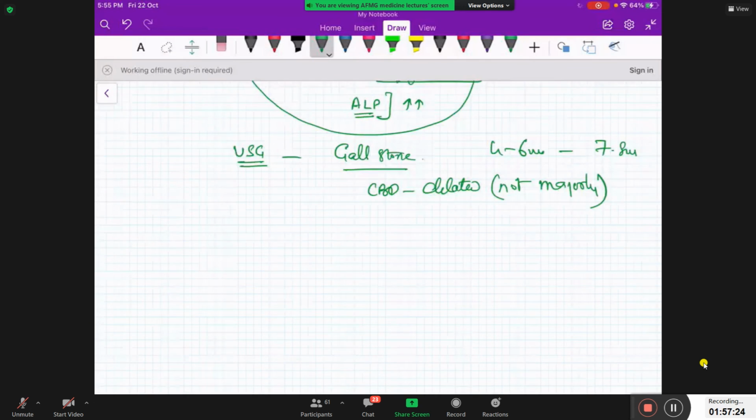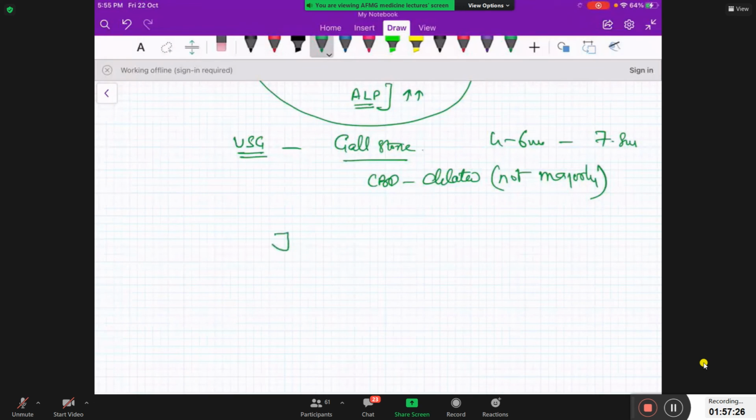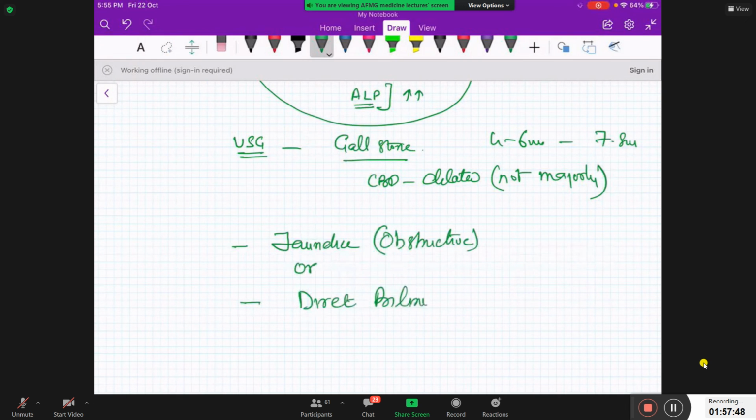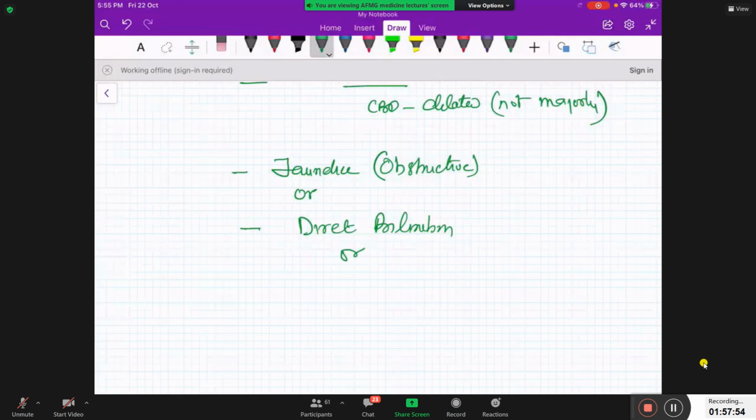Any patient who has jaundice clinically which is obstructive clinically, or having direct bilirubin raised, or alkaline phosphatase raised, or CBD dilated on ultrasound.